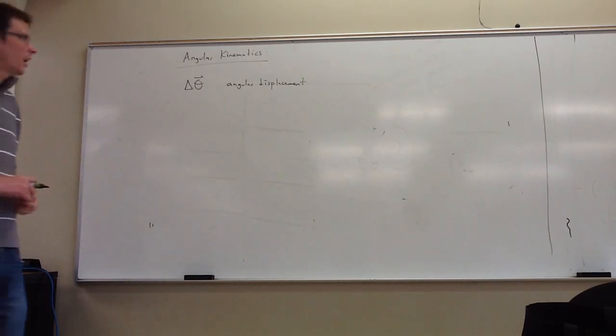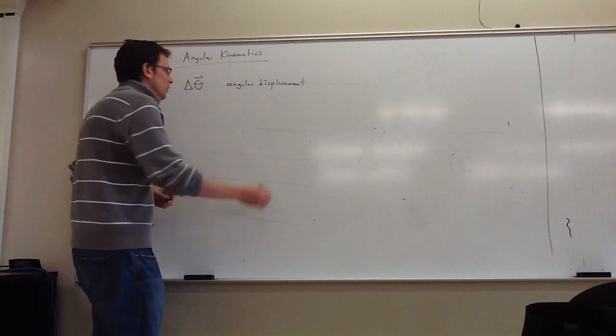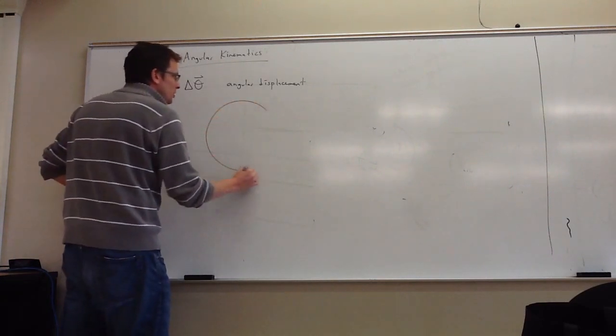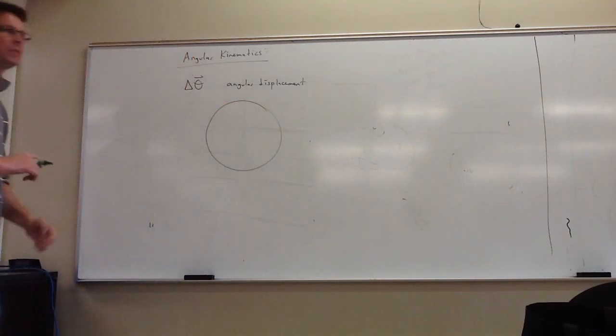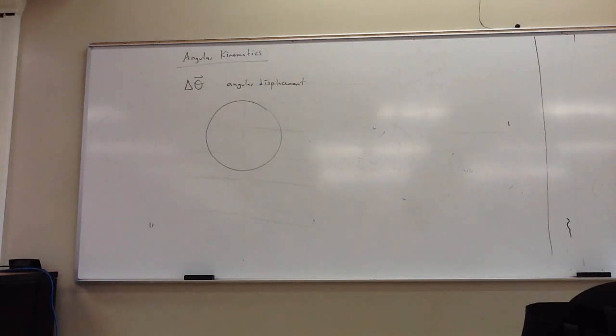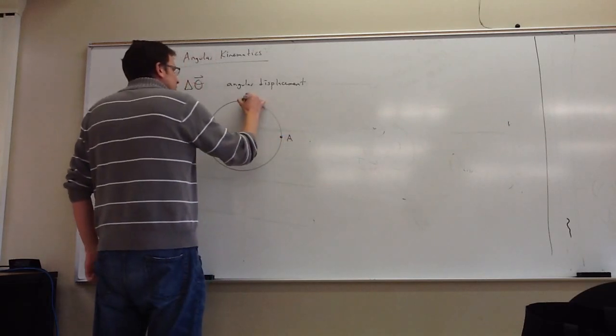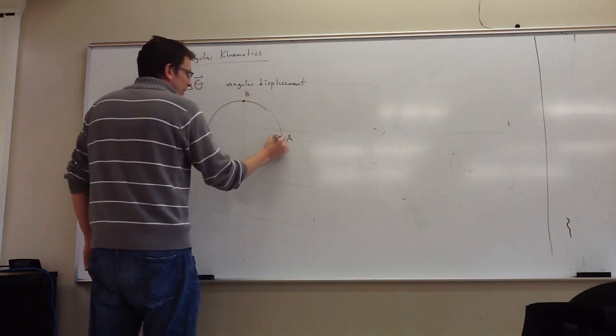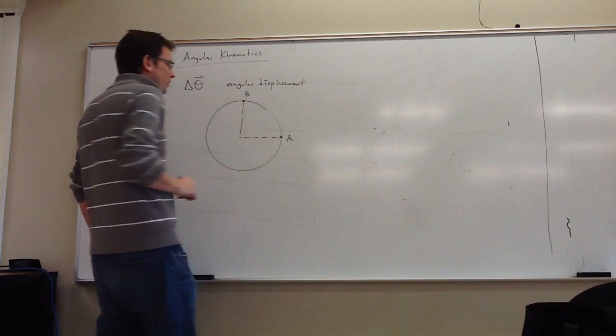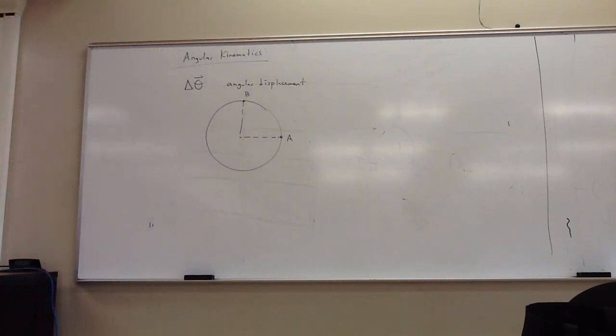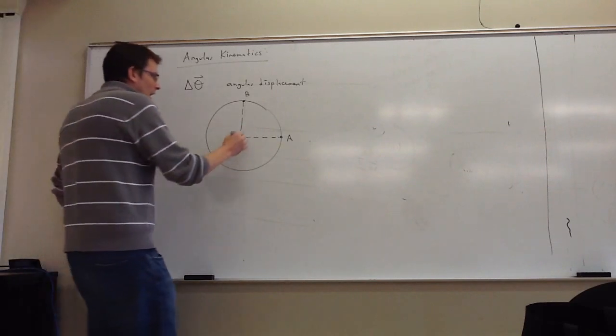So, the underlying assumption here is we're moving in a circle. So that's already taken for granted. So let's say, for instance, we move from point A to point B. By definition, if you move between 2 points on a circle, you're covering some amount of angle, right? So this might be delta theta.